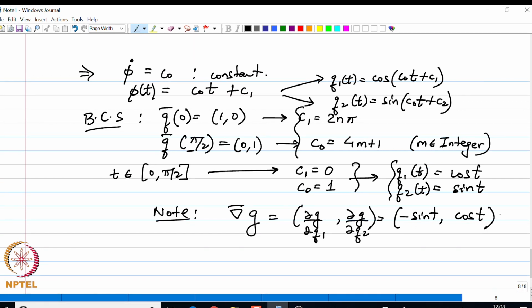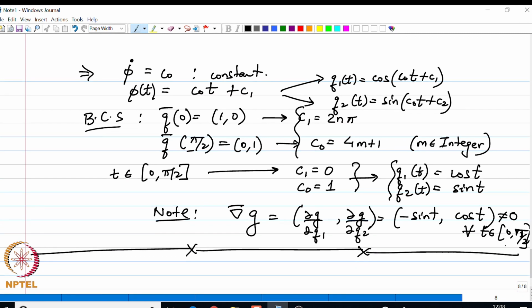Okay, and this is certainly not 0 for all t in the interval 0 to pi by 2 that we are considering. Okay, so which means that we are working with a normal problem in this case.